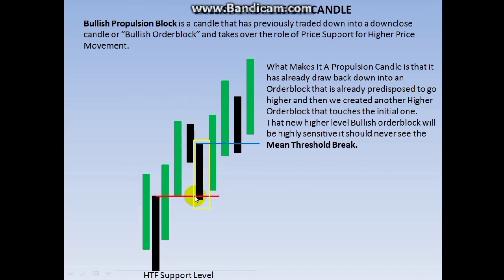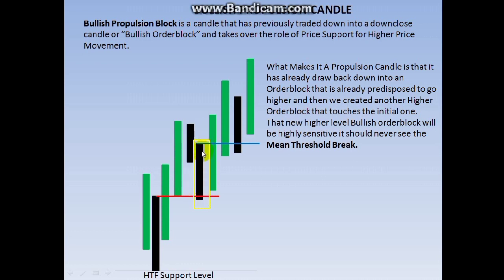So this down close candle became an order block when it created this same rally up. But the process by which it came back down, was drawn back down to this previous order block, is what is referred to as a proportion candle.